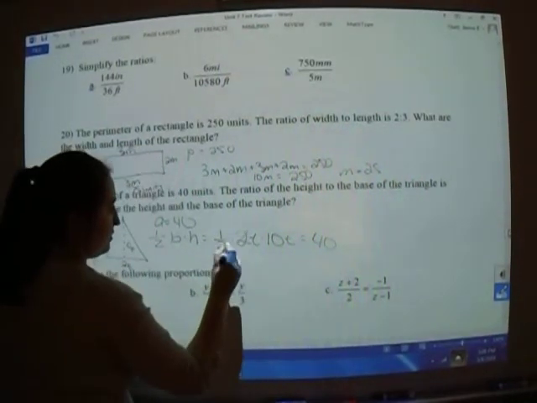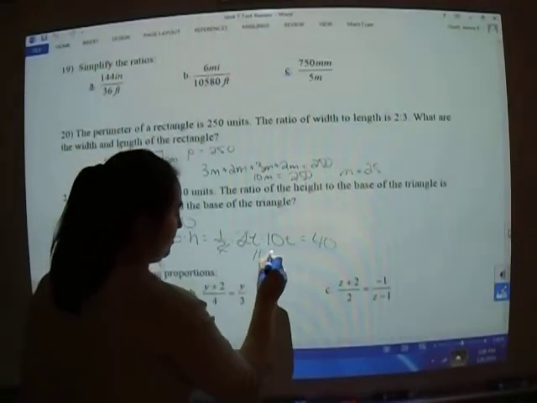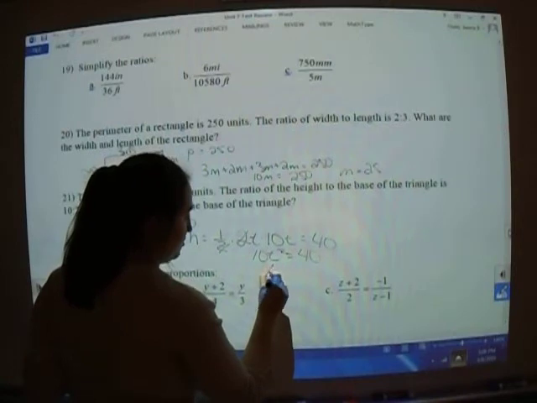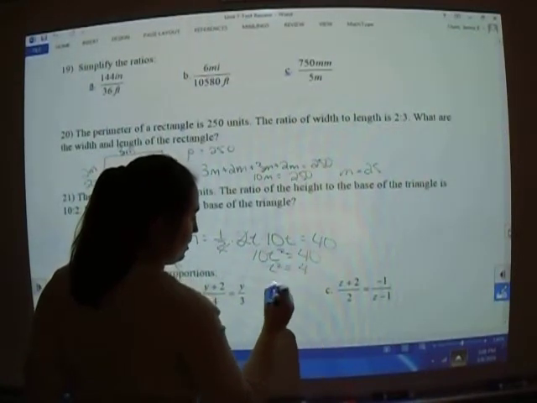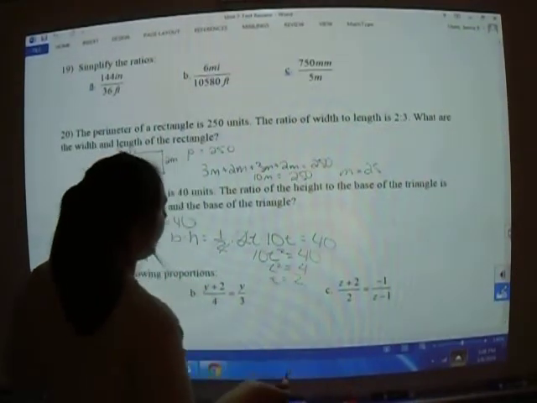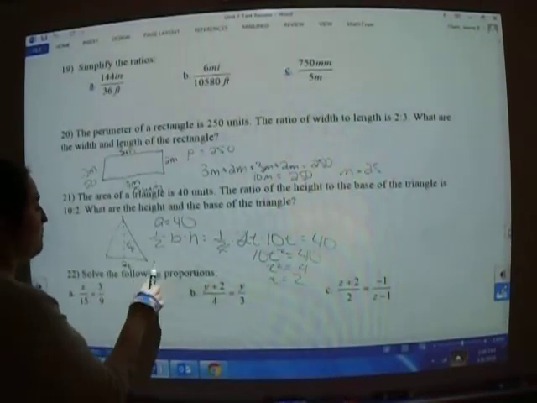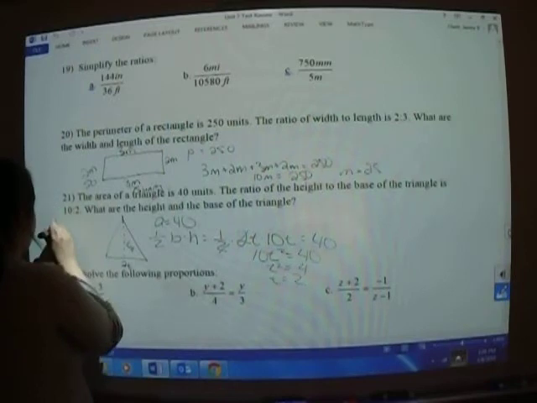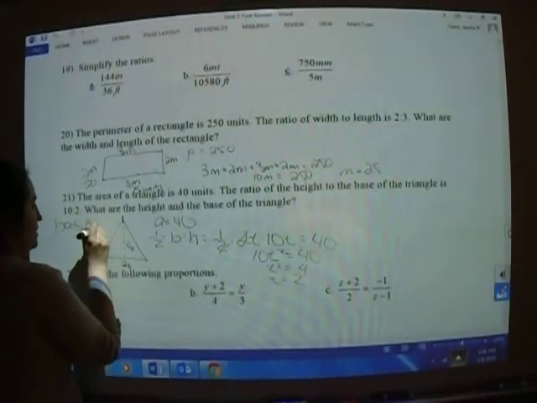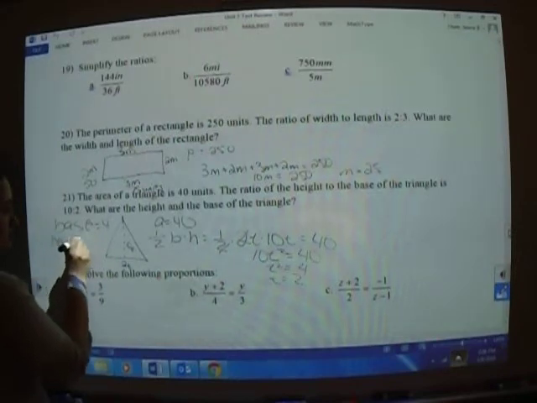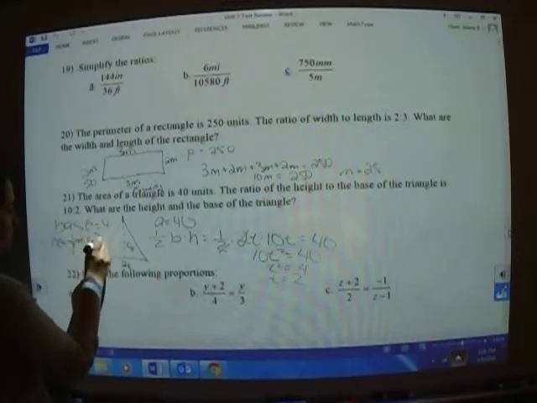So we have 10t squared equals 40. So t squared equals 4, and t equals 2. It has to be plus 2, not minus 2, because we're talking about a measurement. So the base is 4, and the height is 20. All right?